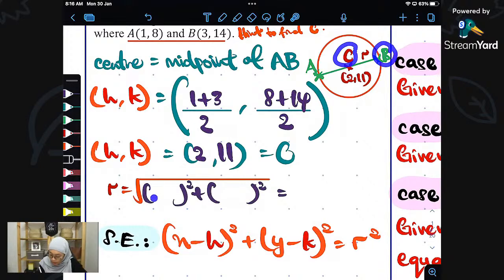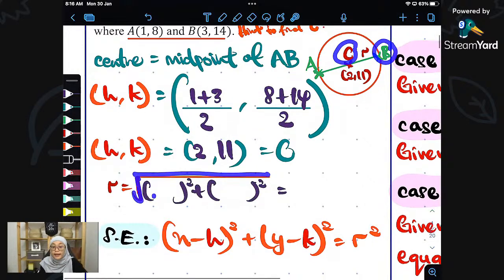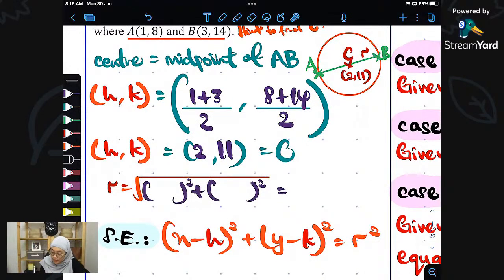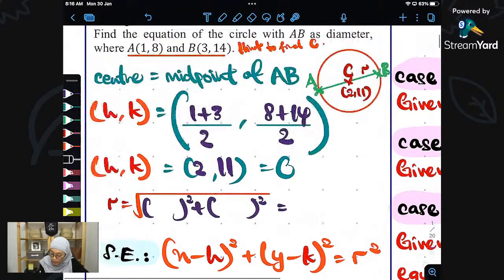So we just use this formula. Okay, this formula is using the point B. So I choose point B. You can use point A. I choose point B. So it will give me 14 minus 8.